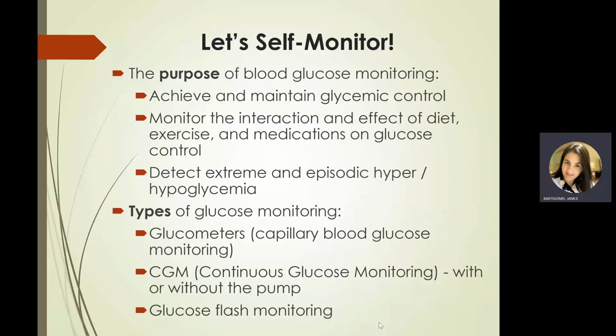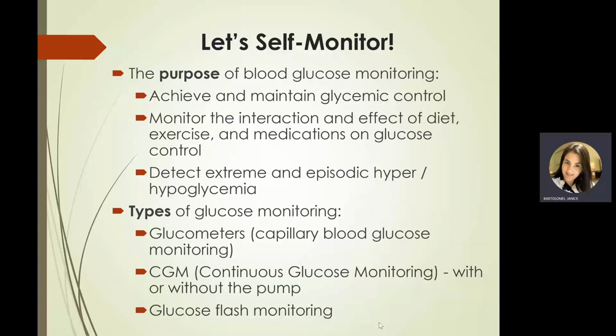You can know how much more or less insulin or oral medication to take. You can also detect complications like hyperglycemia, like DKA, or other conditions we're going to talk about later on in complications, as well as how your exercise, changes in diet, and the medications you're taking are influencing and interacting with your glucose levels.